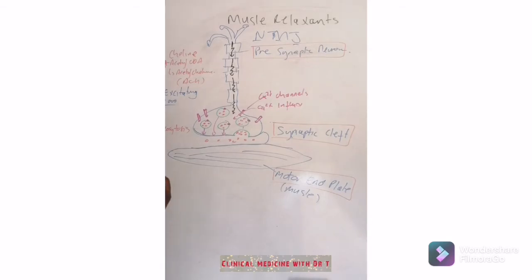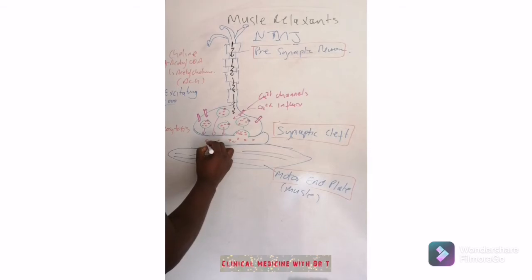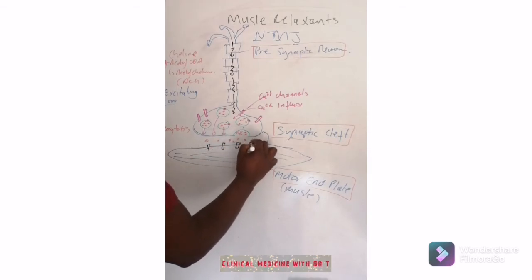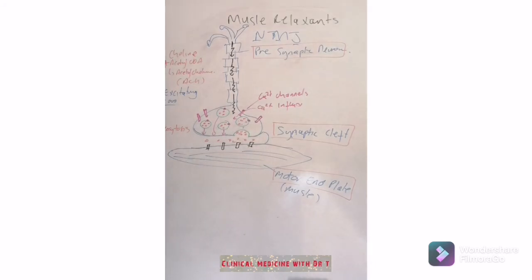Remember, those neurotransmitters carry electrical energy. So now you have your acetylcholine in the synaptic cleft. On the other side, on the motor end plate, you've got receptors called nicotinic acetylcholine receptors.